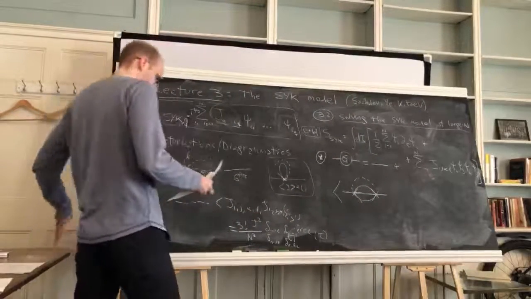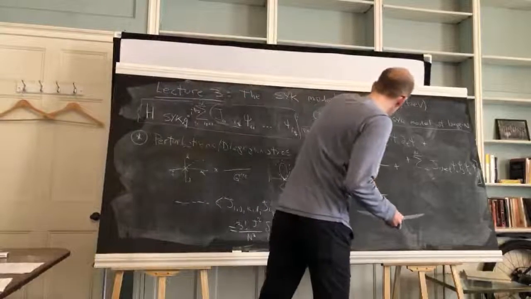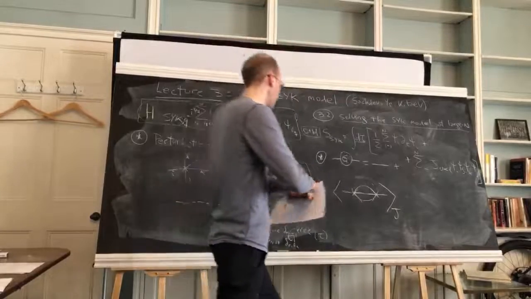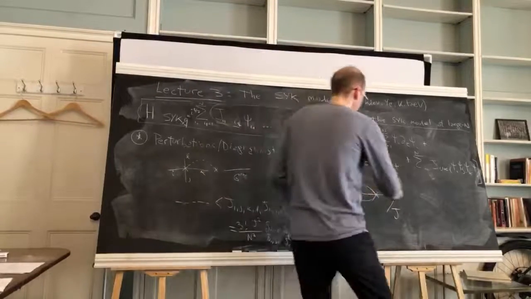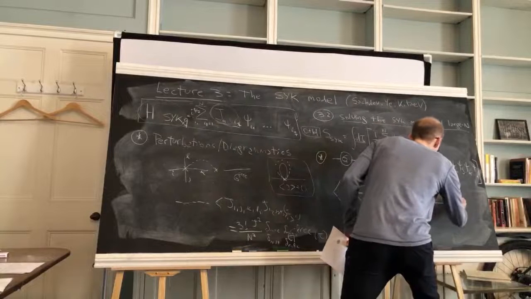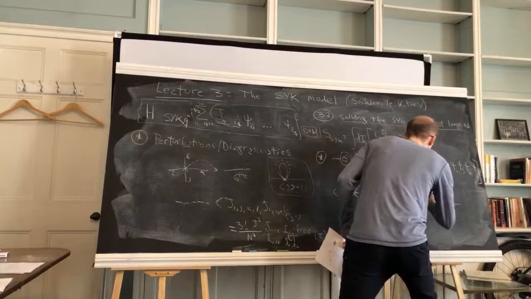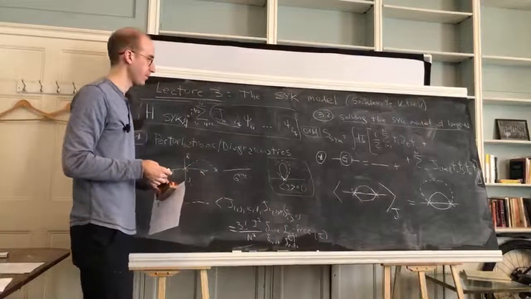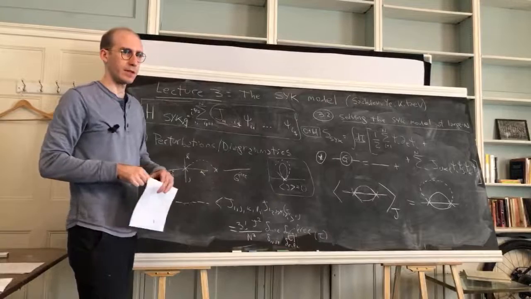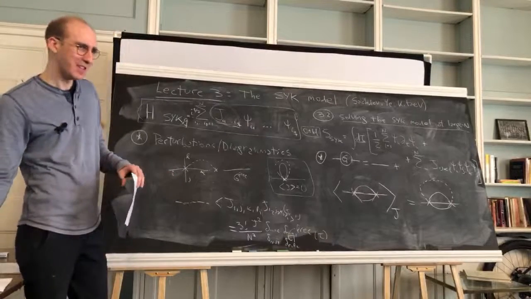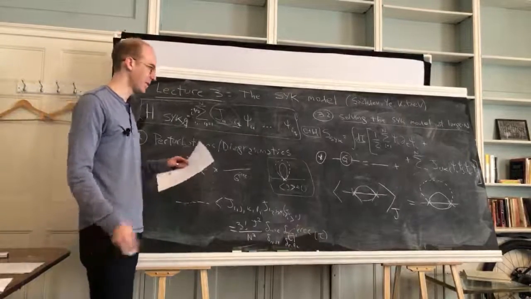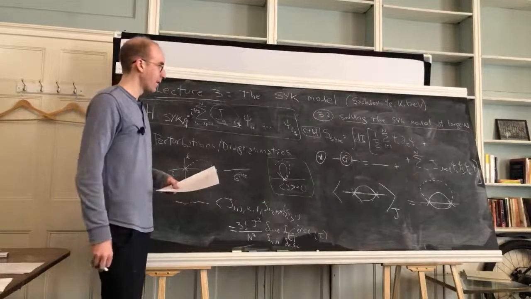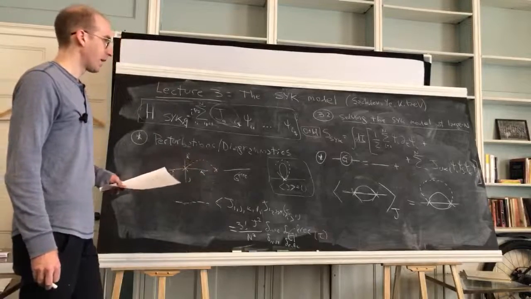What I meant is that if we want to compute the average over J's of this diagram, this is the same as writing this down. Is this clear? This is a bit different from what we are used to. And now we can compute.